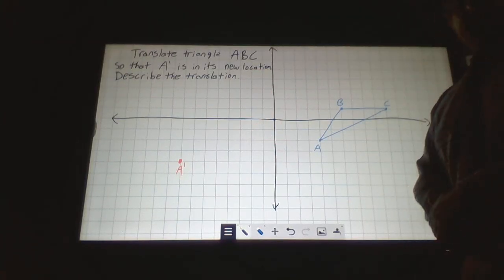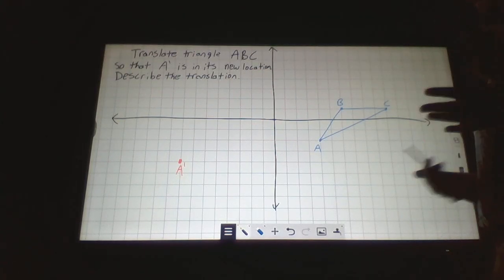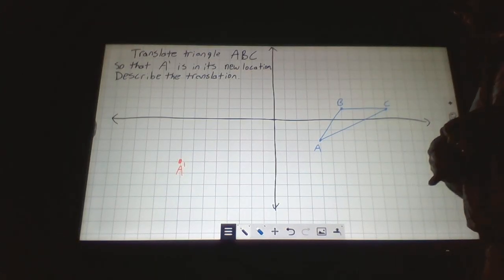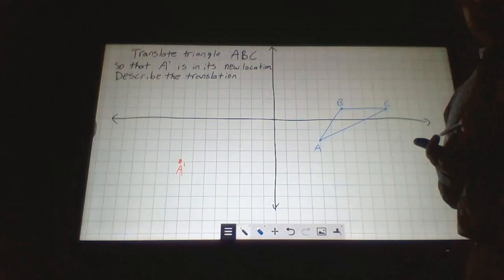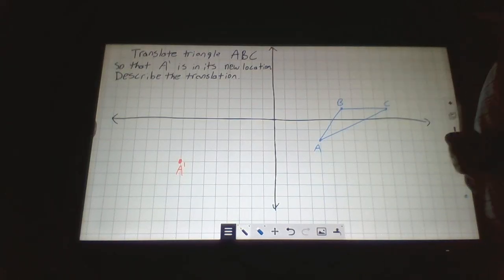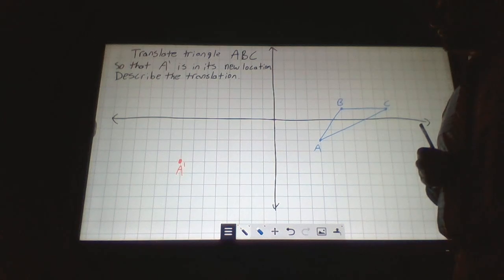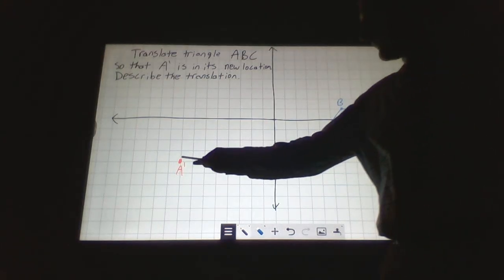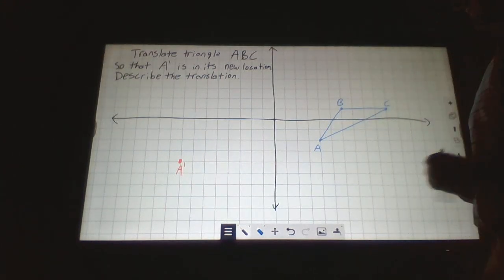You could encounter a problem in which you are not being given the translation. You are instead asked to describe the translation that has already been started. In this case, the problem says translate triangle ABC so that A prime is in its new location. Describe the translation. So here's A prime in its new location.